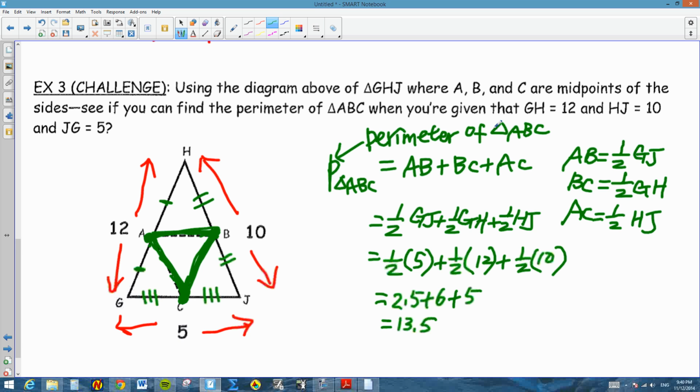So that's the answer. Perimeter equals 13.5. That's one way you can find it.